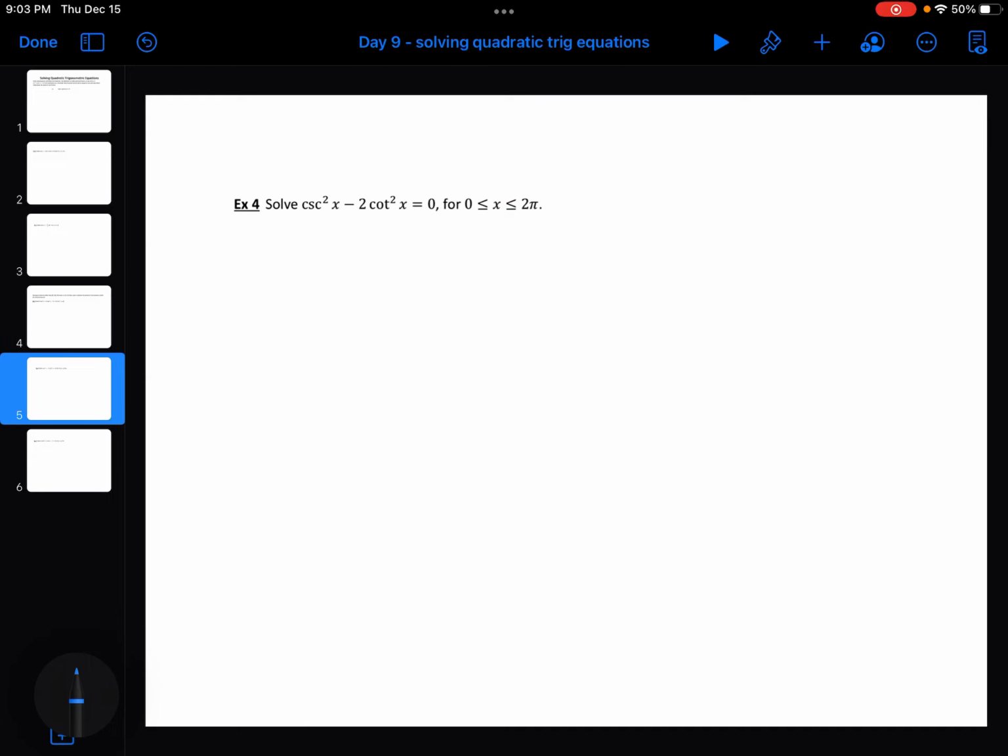Now, you'll notice that a lot of these questions have multiple steps, or you need to rearrange, or you need to solve for something to make sure that we're getting the right answers. So if I'm looking at this one, first thing I want to do is make everything sine and cos. It's just easier to work with.